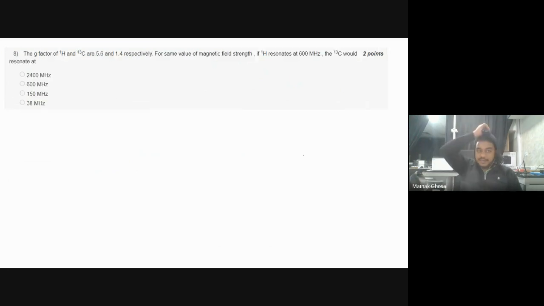So the next question is the G factor for 1H and 13C are 5.6 and 1.4 respectively. For the same value of magnetic field strength, if 1H resonates at 600, at which frequency will 13C resonate? You can find this answer in lecture number 49, which I am going to solve here now.